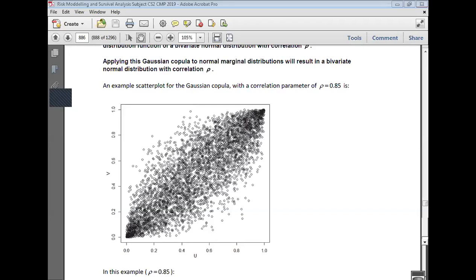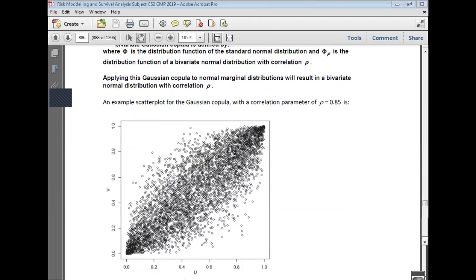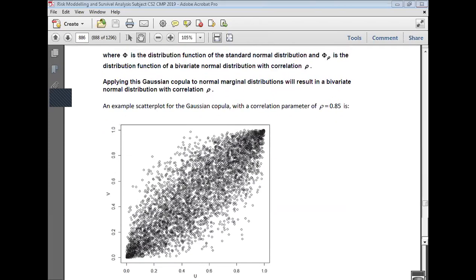What do you guys think it will look like if this rho is 1? Anyone?